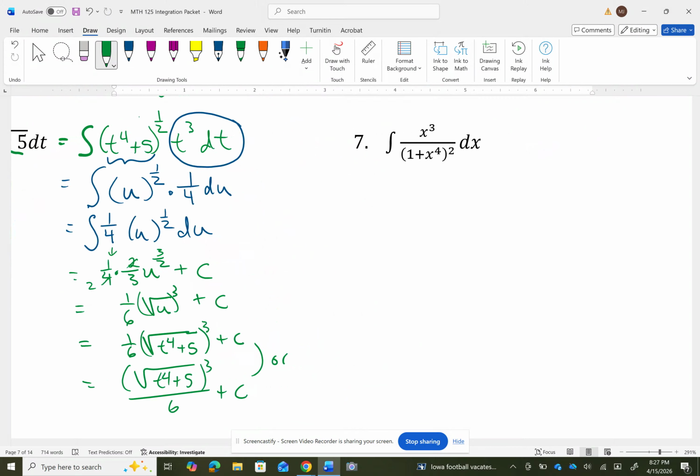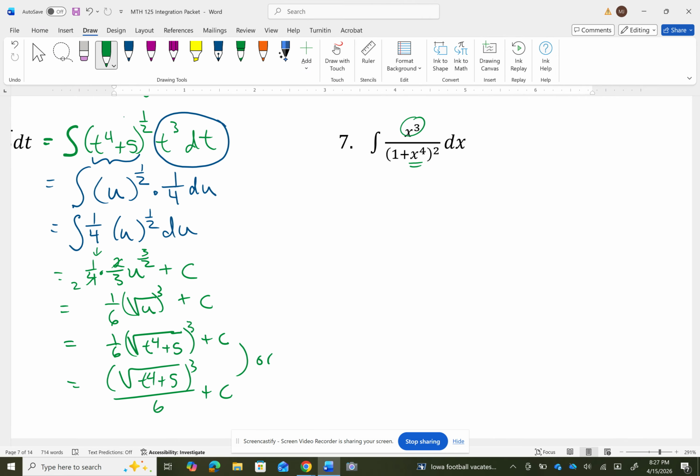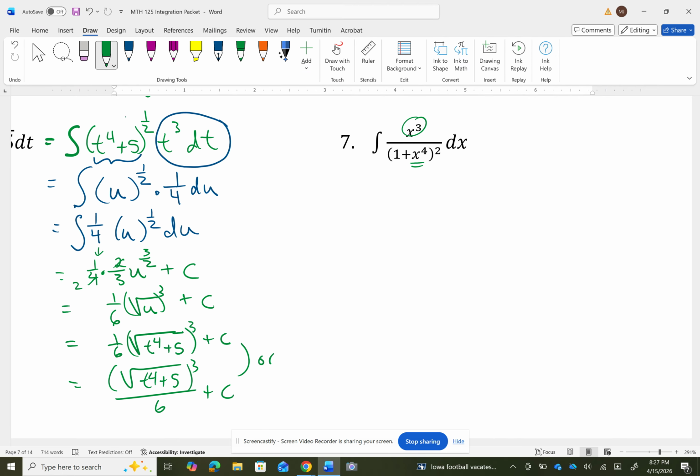Looking at this one, that x to the third came from the derivative of 1 plus x to the fourth. Of course, it would have had a 4 on it, but that's no worry. That's just a constant that I can deal with. So I'm going to rewrite this first to bring that 1 plus x to the fourth quantity to the negative 2 power.